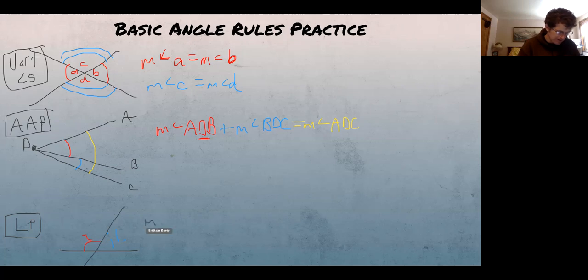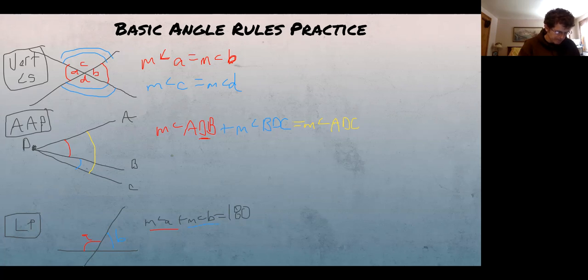So measure of angle A plus the measure of angle B equals 180 degrees. And I'm going to have you guys jump in and help create some equations today. So it's going to be a more interactive class. So be prepared to chip in. I just underlined to show where the angles come from.